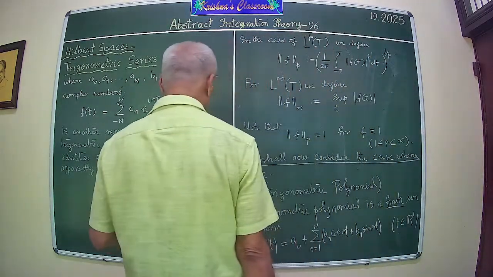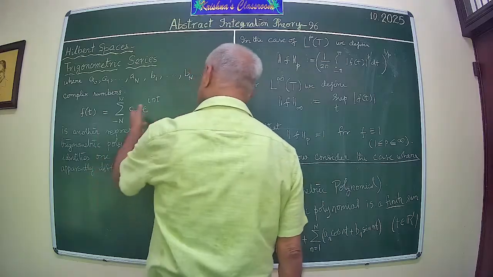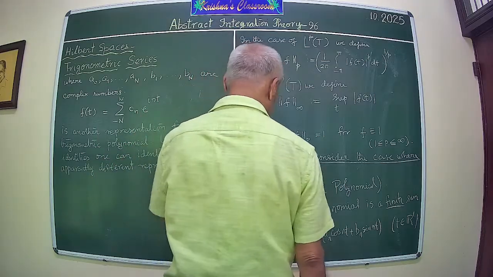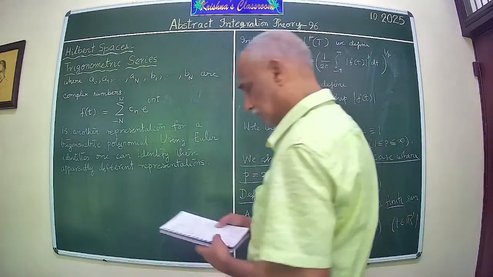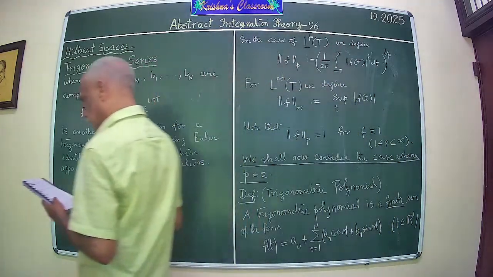For instance, C0 is going to be a0. You can compare the coefficients and get the results.